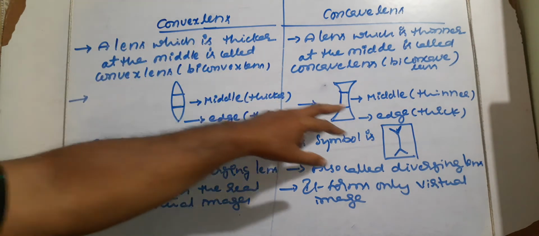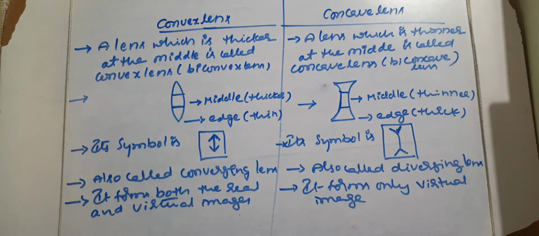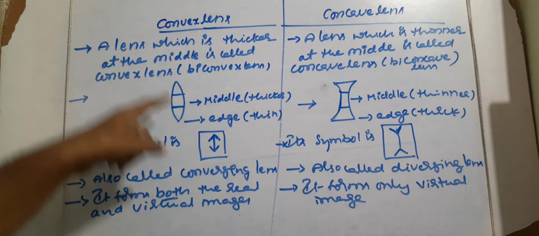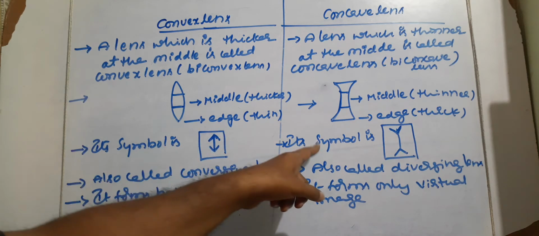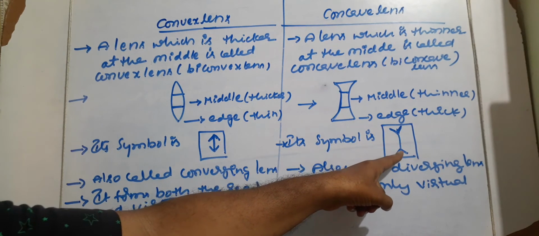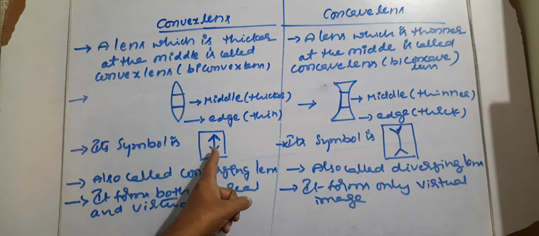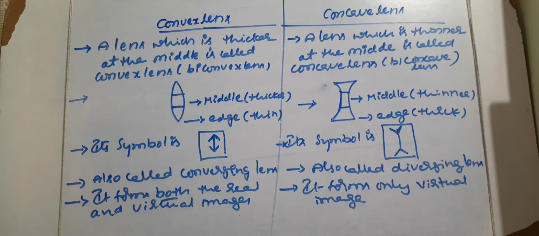In the second point, the diagrammatic representation of convex and concave lens, and the symbolic representation. Kept in the box, this is the symbol for biconvex lens, and this is the symbol for biconcave lens, students. Convex lens is also called converging lens.